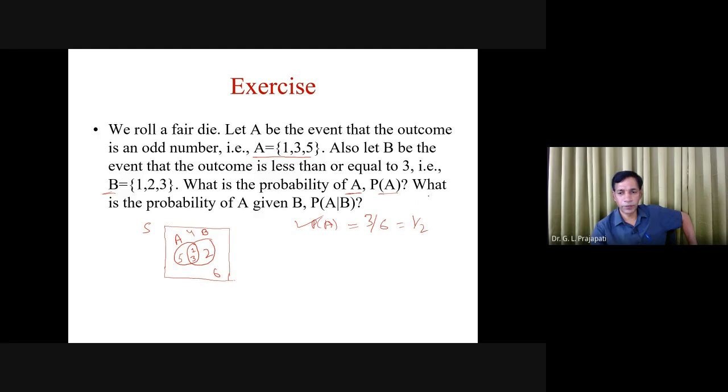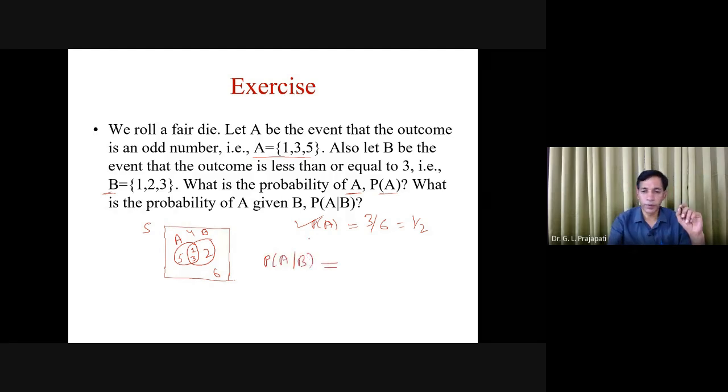Now second question, what is the probability of A given B? So you need to compute probability of A given B. Now the information is given that B has occurred. Now event A will occur if and only if the outcome is in the intersection. In A you have the 1 and the 3, and these are also in the intersection.